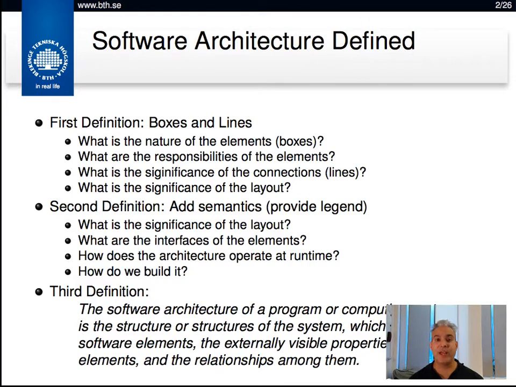Software elements, those can be components, can be modules, can be hardware units, can be threads, processes, or whatever. But software elements. We're not looking at what's going on inside of those elements, but we're looking at the externally visible properties of those elements. And also we're looking at the relationships among them. So how do these different elements cling together and fit together to build up your application?